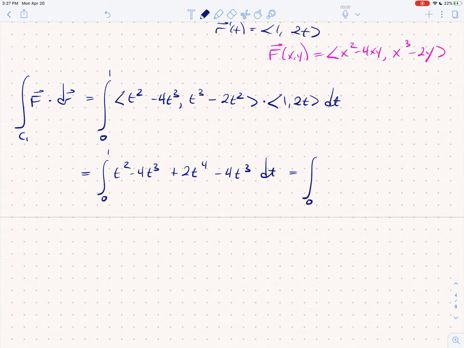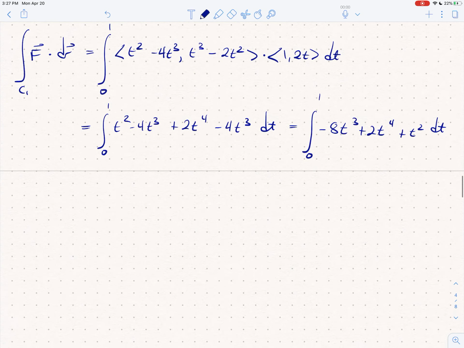So I get the integral from 0 to 1 of minus 8t cubed plus 2t to the 4th plus t squared dt. I will let you work that one out, and you'll just get negative 19/5. That's just a Calc 1 problem. You can handle that. Let's go on now and look at the next curve.